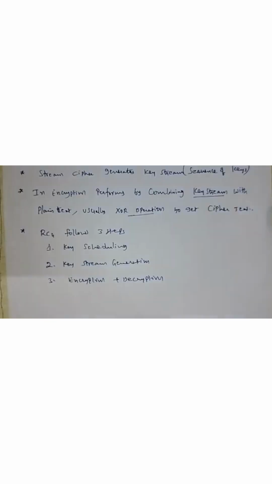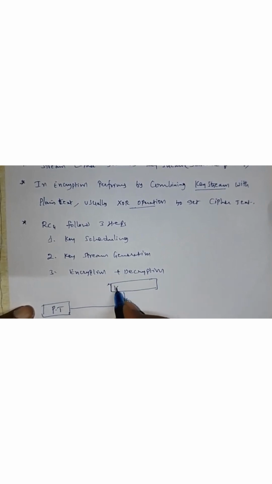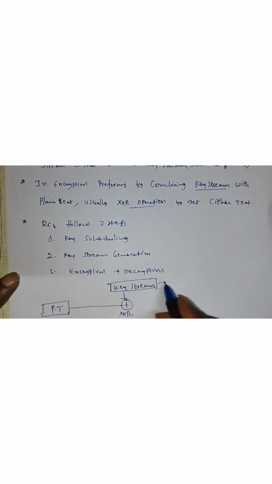The operation performed by RC4 is that it takes plain text and performs an XOR operation with the key stream. What is the meaning of key stream? Key stream is nothing but a sequence of keys. Here the key stream contains the RC4 secret keys.